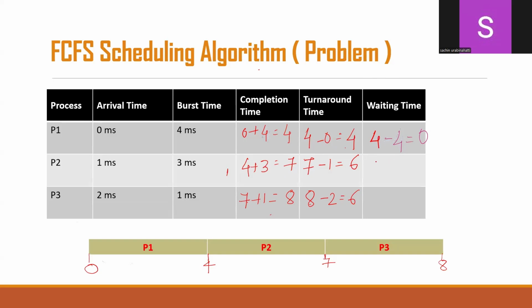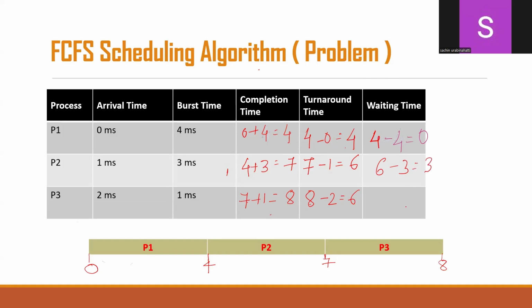Similarly, calculating for P2, the turnaround time is 6 and the burst time is 3. So 6 minus 3 is 3 microseconds.